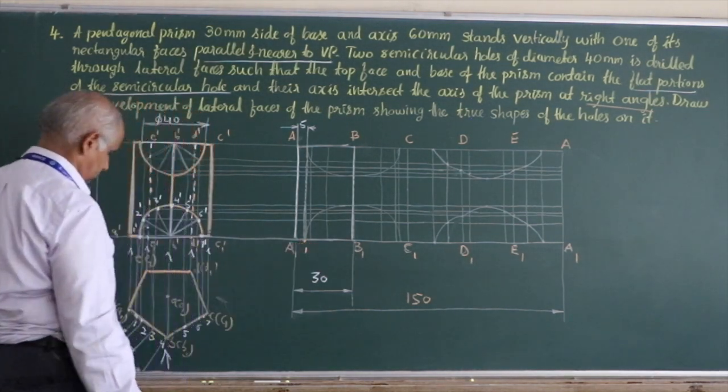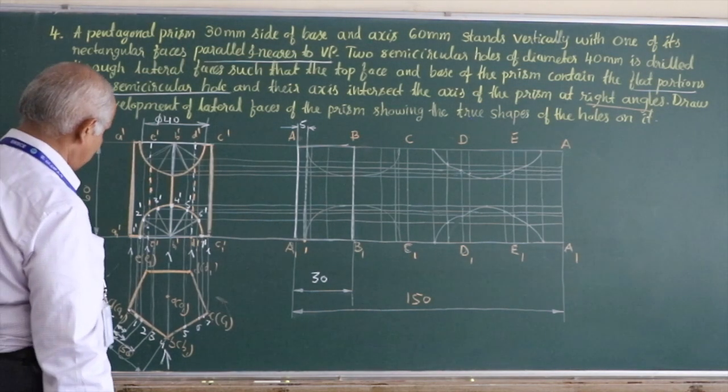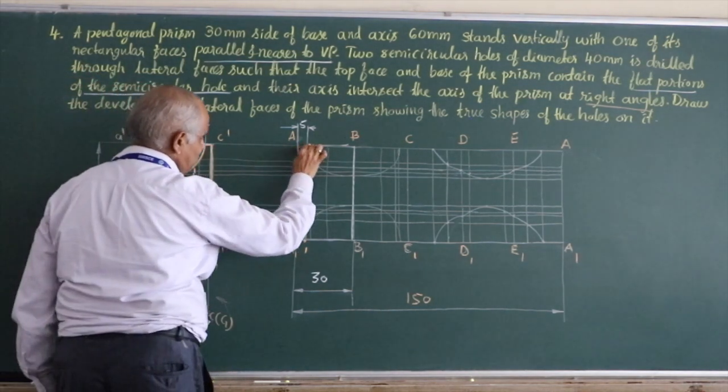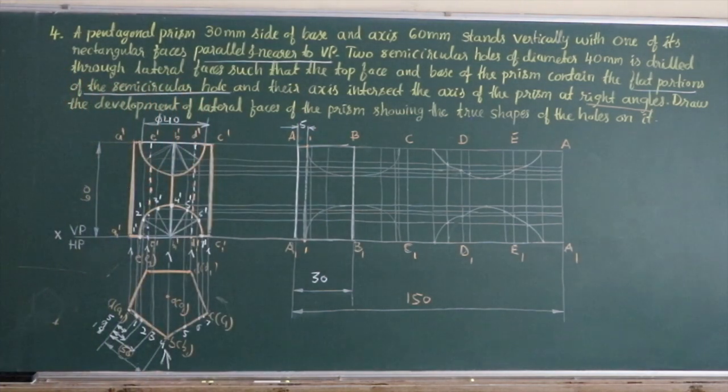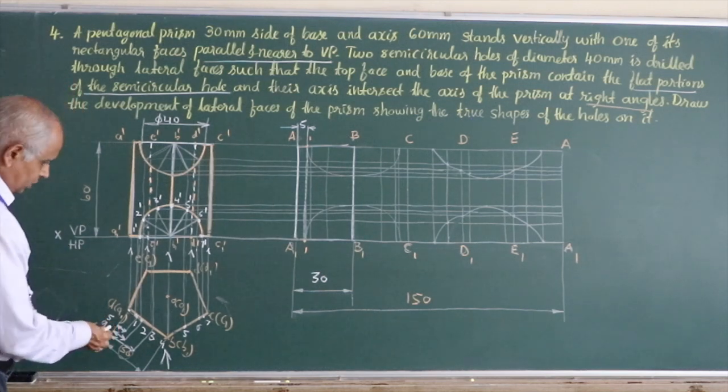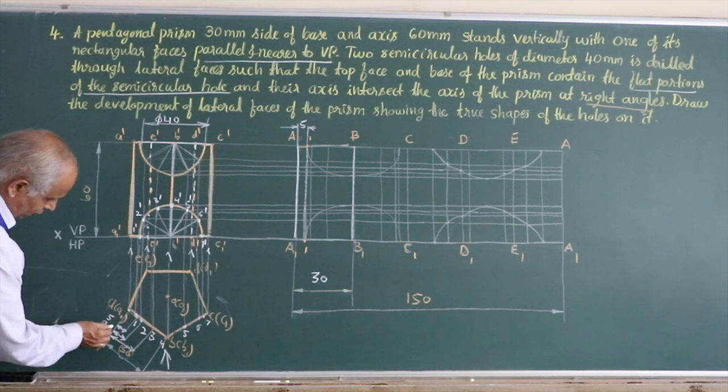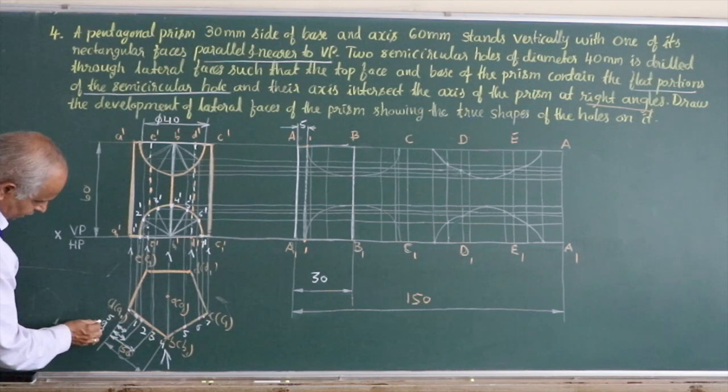1, and remember that 1 is at the top also. I am not naming it again, so let me call this 1 itself. Otherwise, it will go up to 30, 40 section points. Next, you take this distance to point 2 on AB, which is 9 mm.